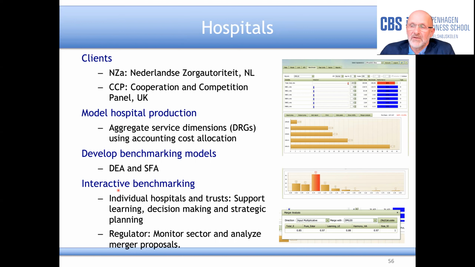And then we develop these systems that can be used both for individual hospitals to figure out what they could do better, how they can learn from other hospitals, how they can reallocate resources between maybe doctors and nurses, or one type of cost against another type of cost. And it's also been used in the Netherlands at some point.